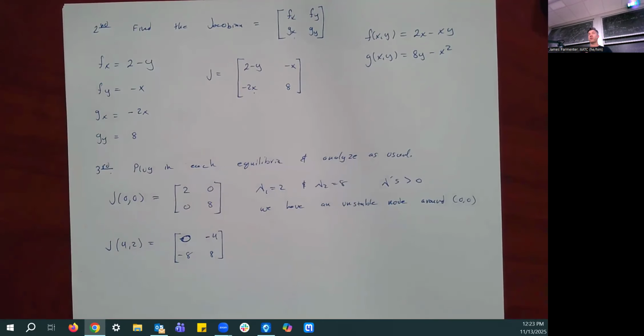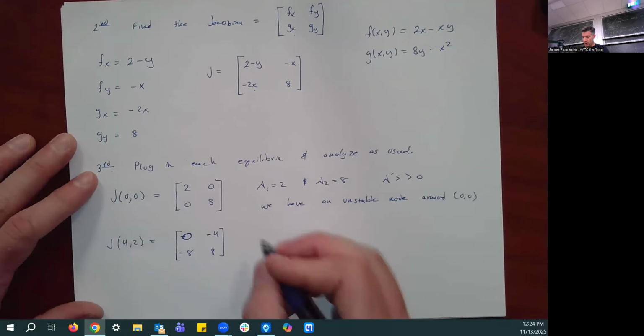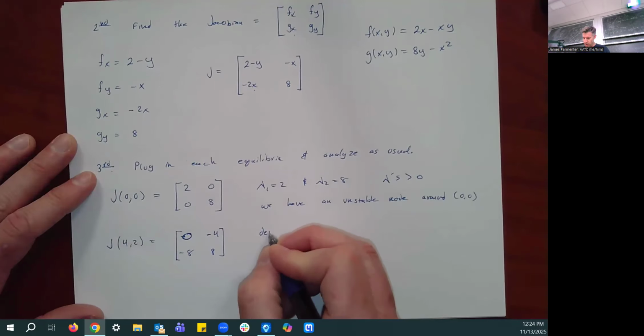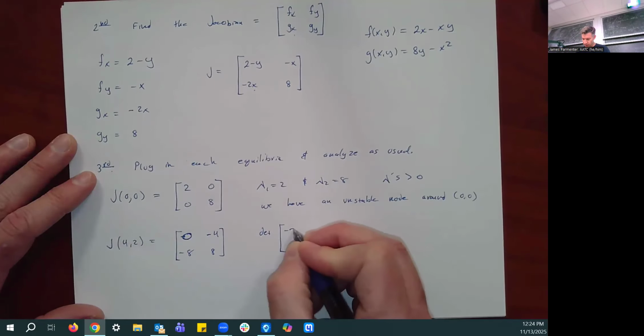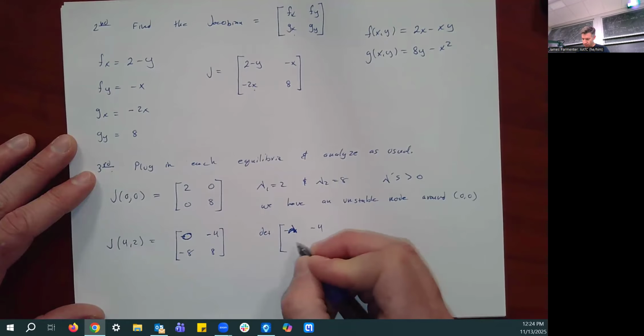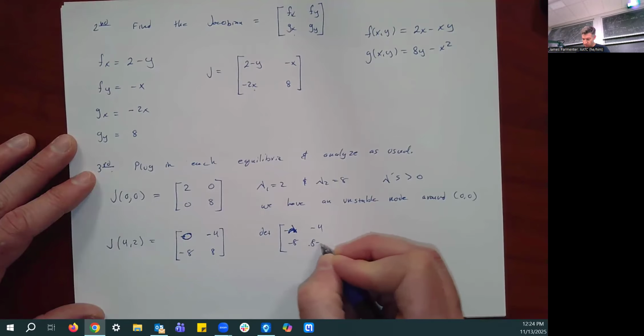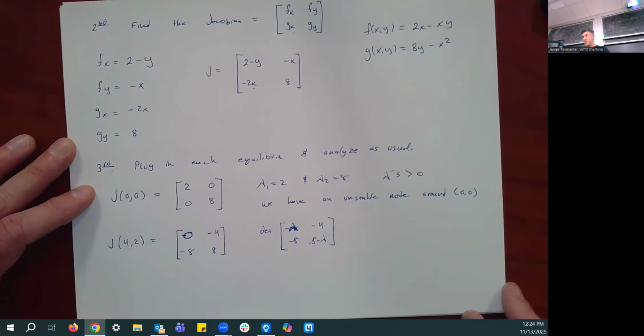I'm still going to do the work of finding the eigenvalues, but one thing you can do here is note that your determinant's negative. You definitely have to have a saddle. Let's find the eigenvalues anyway. So, the determinant of negative lambda, negative 4, negative 8, 8 minus lambda. My eigenvalues might not be very nice because I totally made this problem up.